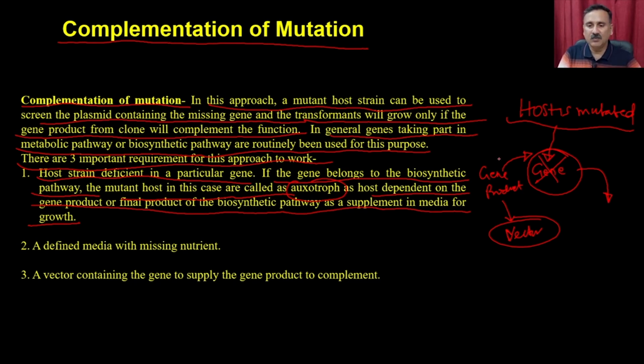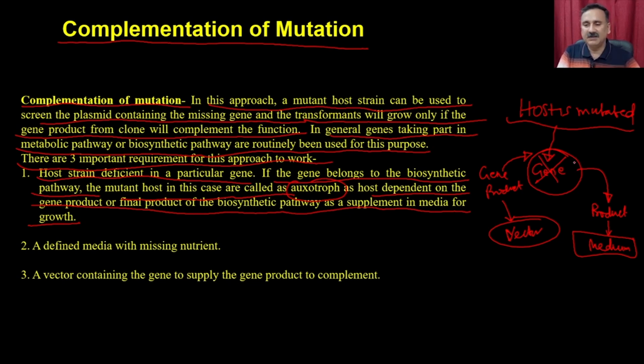Either you provide the gene product, or you provide that product in the media, and as a result it is going to give you the growth of this mutated host in the presence of this product in the media.